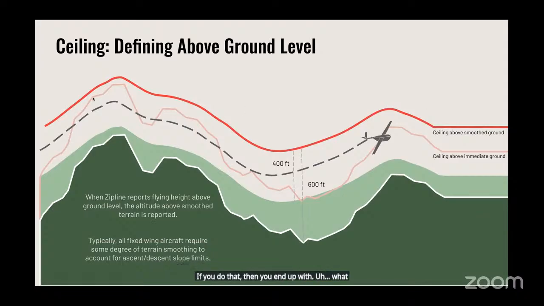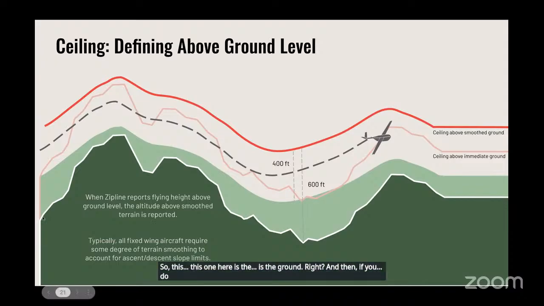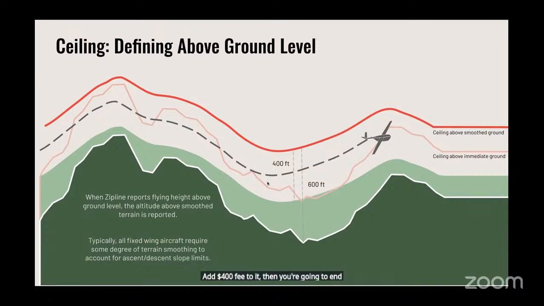what we have here. So this one here is the ground, right? And then if you do some raster calculation and say, okay, take my raster file, add 400 feet to it, then you're going to end up with something like this. And when you do that, it becomes challenging for a drone to traverse, because now it is forced to follow the terrain.